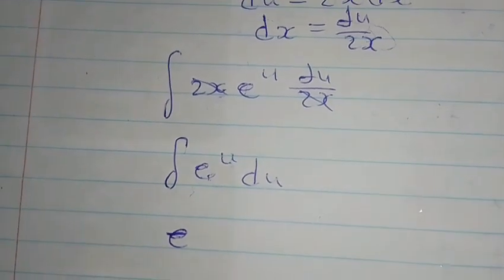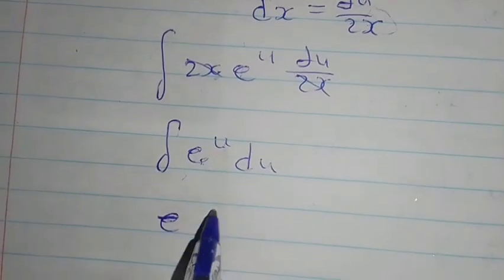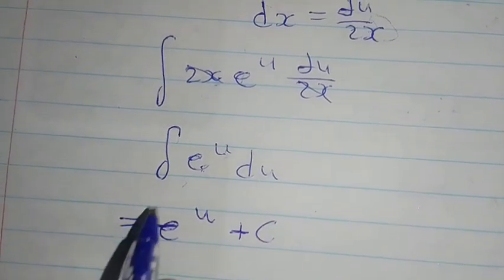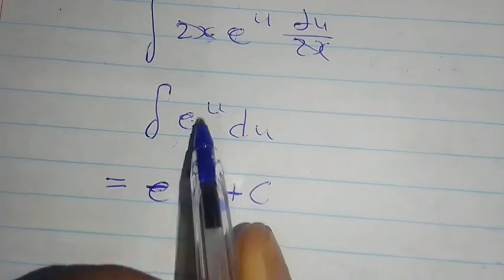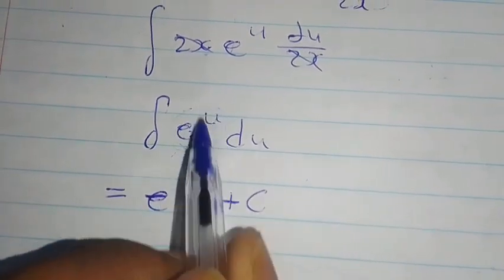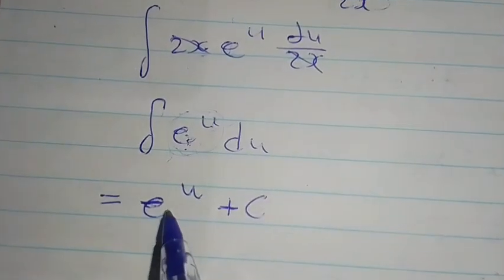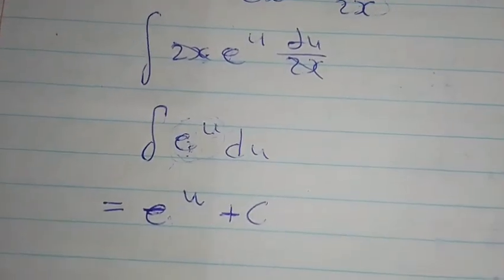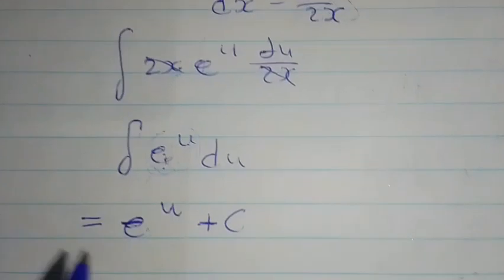It doesn't change. So you're going to have e to the u plus a constant. Why? Because we are looking for what derivative will give you e to the u. If you differentiate e to the u, you'll still get e to the u. So you still have to add the constant there.